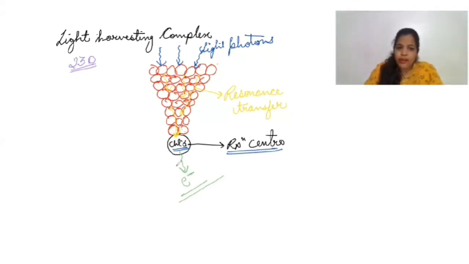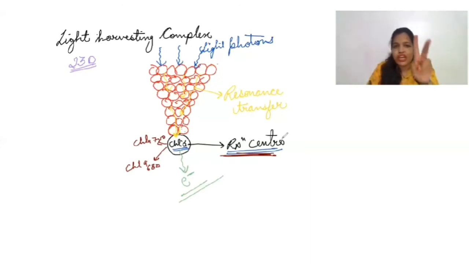Now, we have two types of chlorophyll A, that is chlorophyll A 700 and chlorophyll A 680. On the basis of the wavelength which the reaction center chlorophyll A absorbs, we have two types of photosystems.